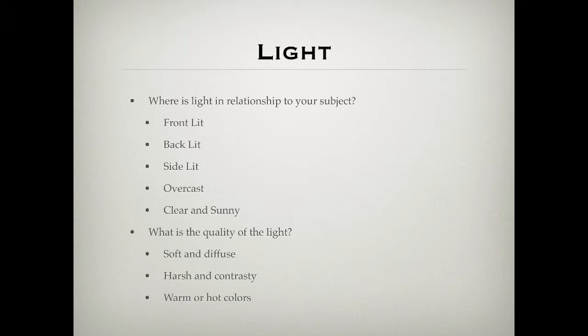If it's midday, with a clear blue sky, it's very bright and the colors are kind of washed out. The color temperature is in the blue range. It's very contrasty, with very dark shadows and very bright spots. Are the colors warm or hot colors? So some things to think about: where the light is and the color of the light.